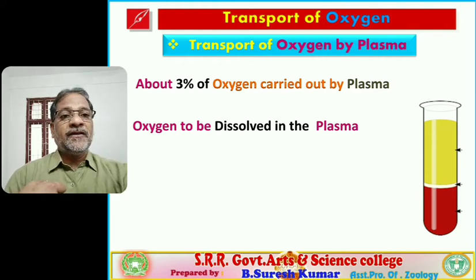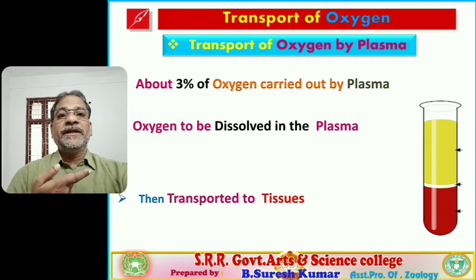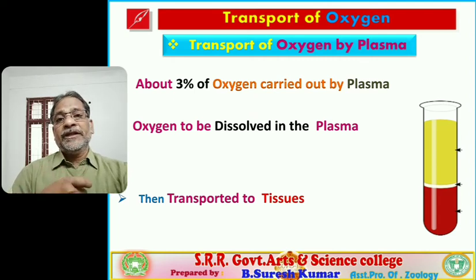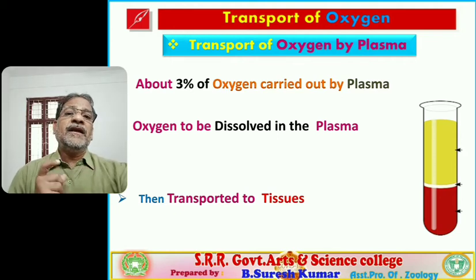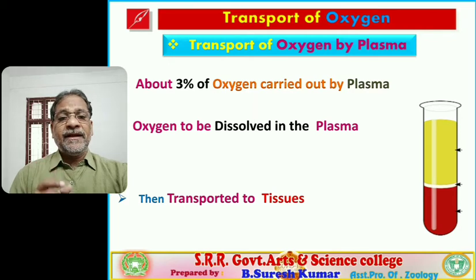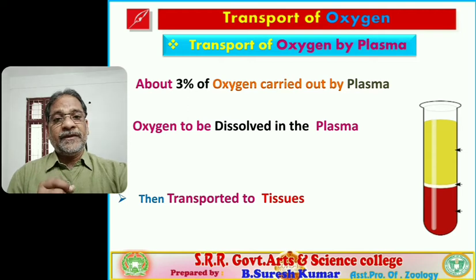So in the dissolved state, the blood carries the oxygen to the tissue. There in the tissue, the oxygen tension is very low, hence automatically by diffusion oxygen from the plasma enters the tissue. Follow? So this is one method that transports the oxygen to the tissue.